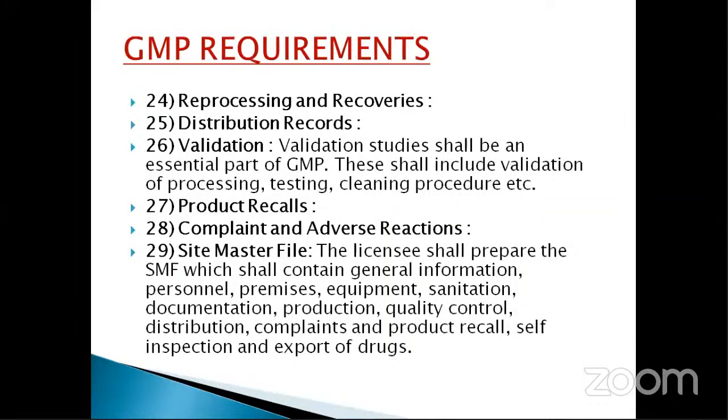It has the following information, like the general information, like brief information of the unit, what kind of form it is: proprietorship, partnership, or private limited company, like this. And pharmaceutical manufacturing activities as permitted by the licensing authority, what kind of products it is allowed to manufacture, if it has done any other kind of manufacturing activities or not.